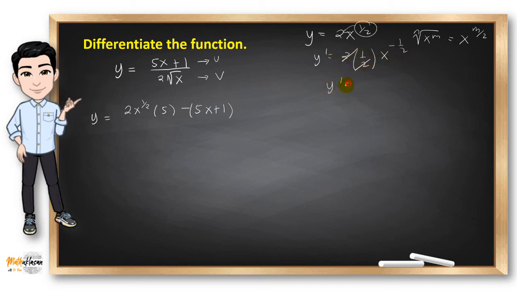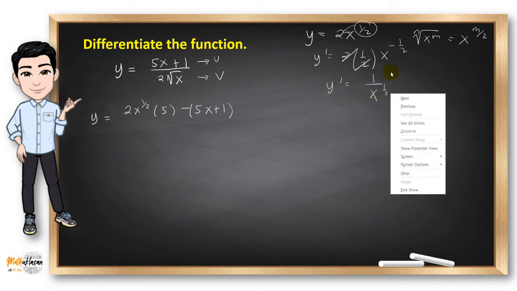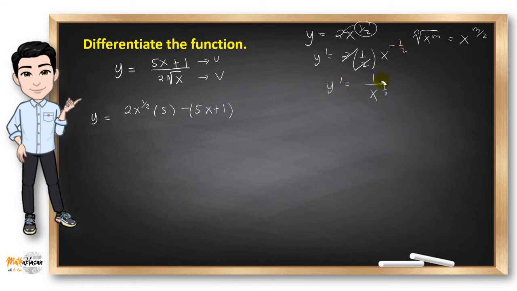At yung y prime naman natin ngayon ay 1 over x raised to 1 half kasi binaba natin yung negative 1 half dito. Naging positive na siya dito sa baba. Diba? Which is also equivalent to 1 over square root of x mamaya. Pero, for now, ito muna yung susundin natin kasi magmumultiply tayo dito mamaya sa 5x plus 1. So, hindi ko muna gagamitin ito, para lang magka-idea tayo mamaya. So, ito ay x raised to negative 1 half.